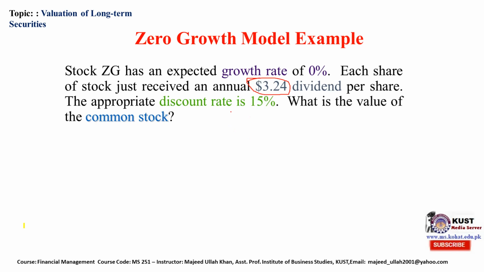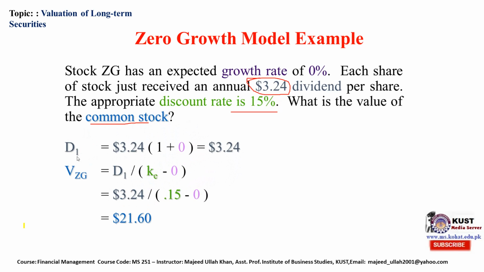The appropriate discount rate is the same again. What is the value of the common stock? That is the requirement. Using the formula, D1 is equal to 3.24, as I told you. There is no growth rate, so G is 0, and we will use the formula D divided by KE. So 3.24 divided by 0.15, that is $21.